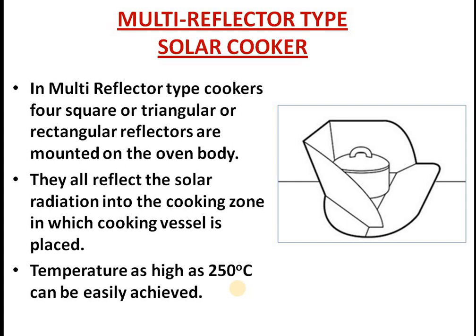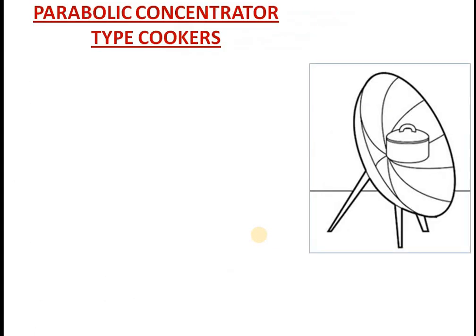Of course, cost will also vary with the models. The third one is the parabolic concentrator type cooker. You know about the parabolic reflector, which we studied in one of the earlier modules. For a parabola there is a focus, and your cooker is placed at the focal point.